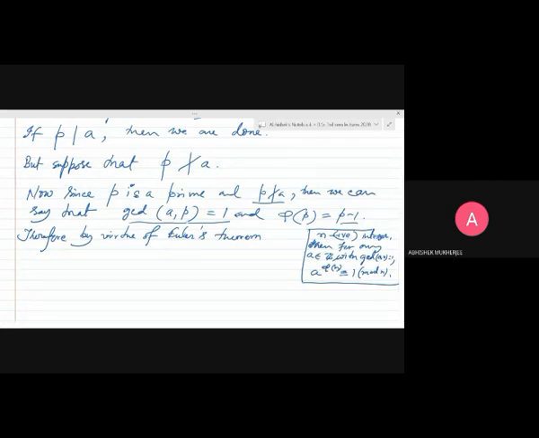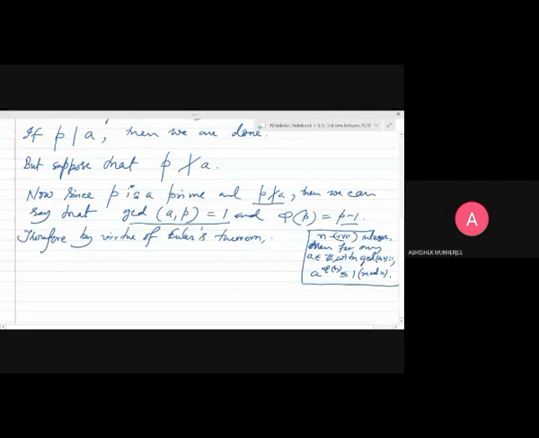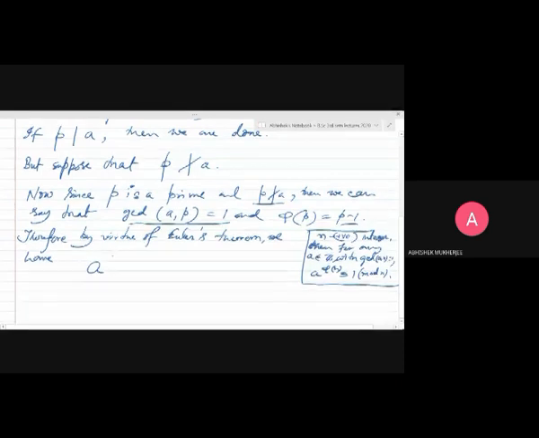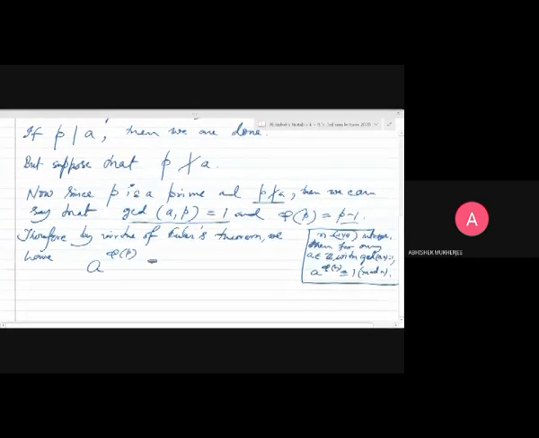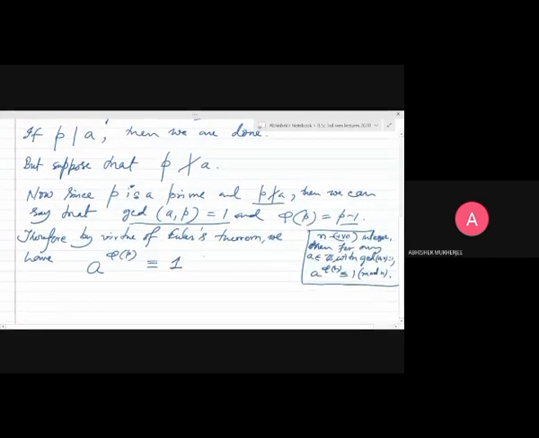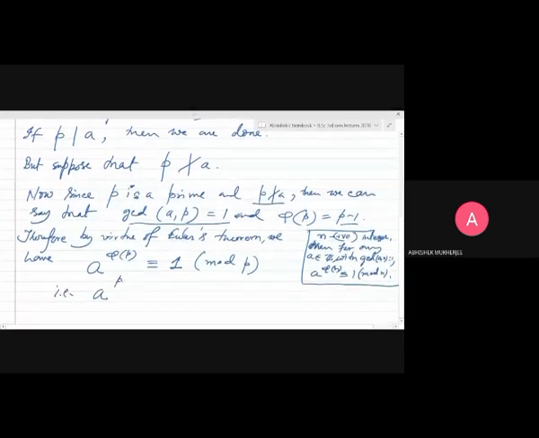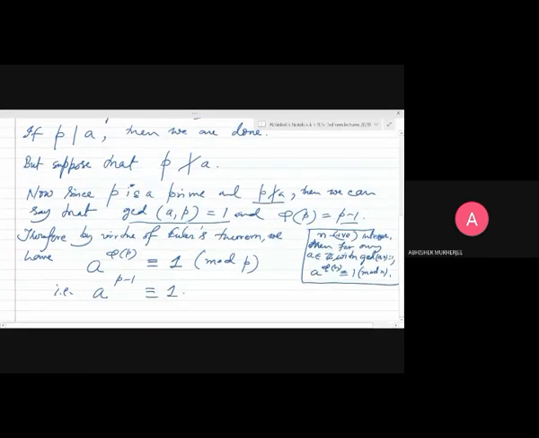By virtue of Euler's theorem, we have a to the power phi of p is going to be congruent with 1 modulo p. But what is phi of p? That is, a to the power p minus 1 is congruent to 1 mod p, right?